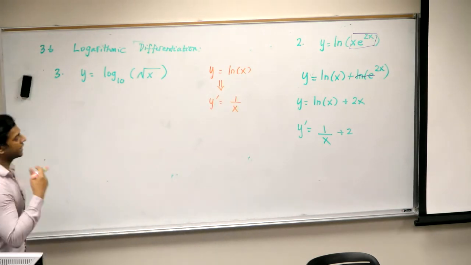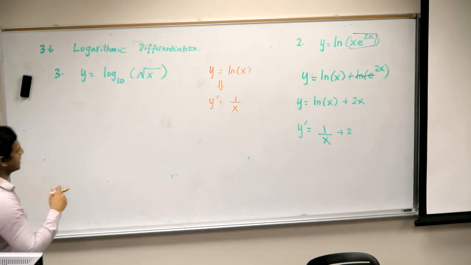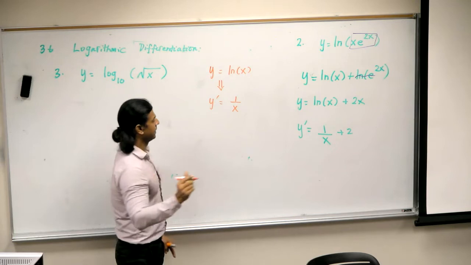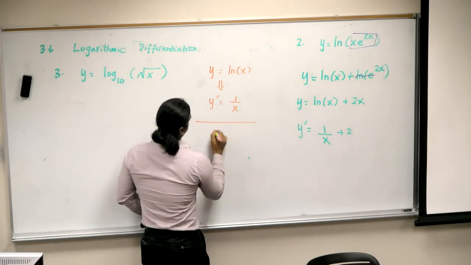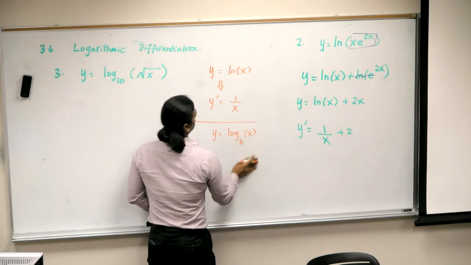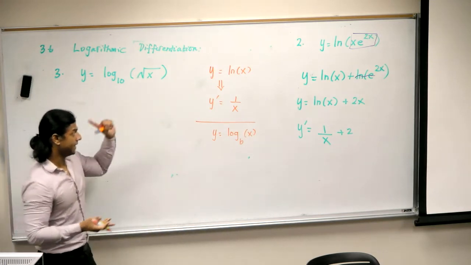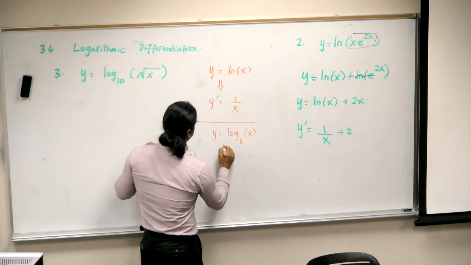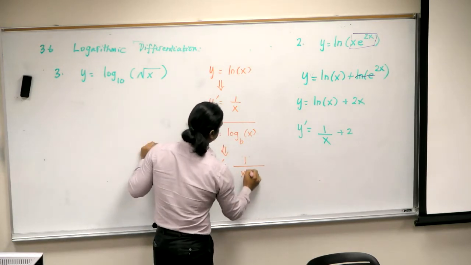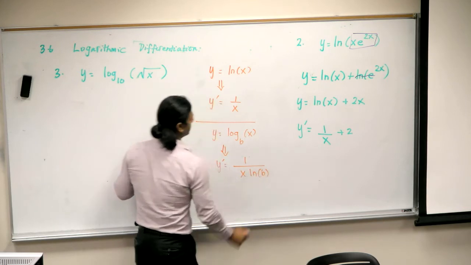So if y is ln of x, the derivative would be simply 1 over x. But if y is log of any other base b other than e, then y prime is 1 over x multiplied by ln of b.